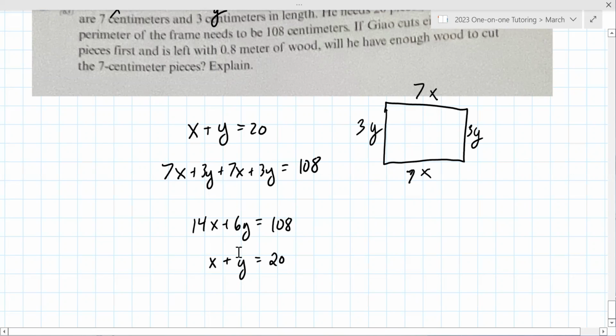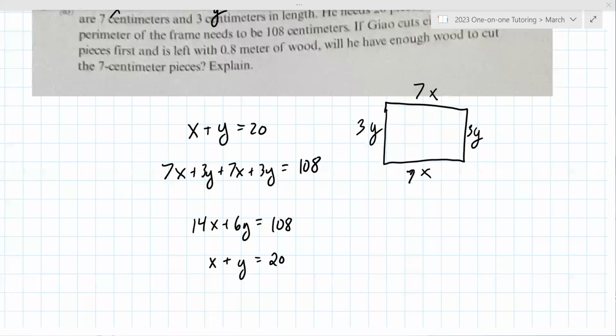Actually, is that going to work? Actually, let me solve this one another way. I feel like there's a possibility I made a mistake in setting this up. Yeah, I did. Okay, let me look at this one more time.